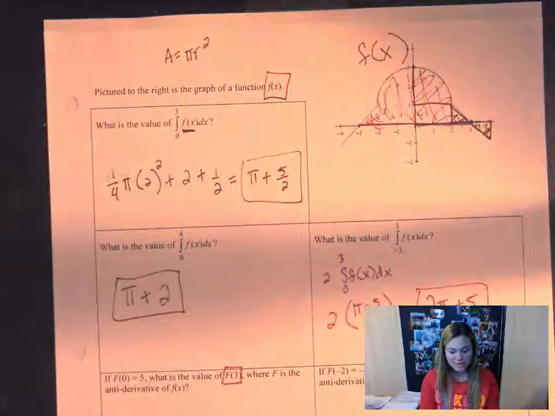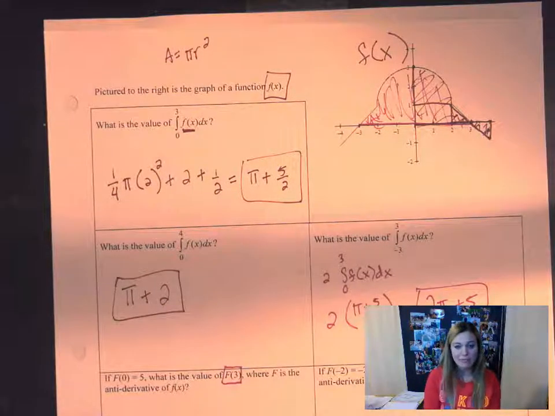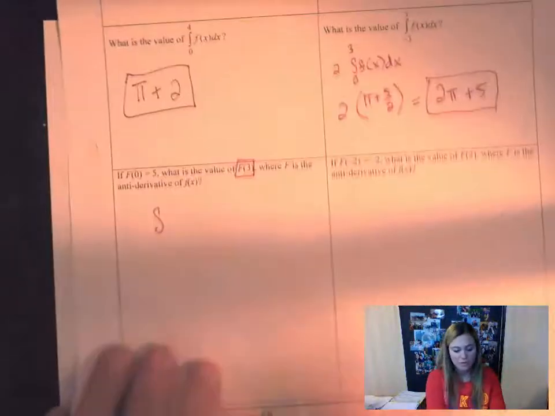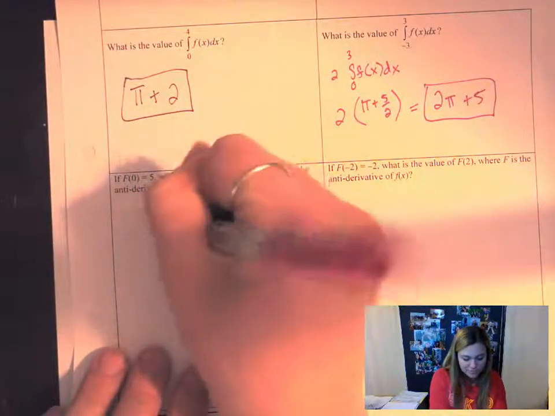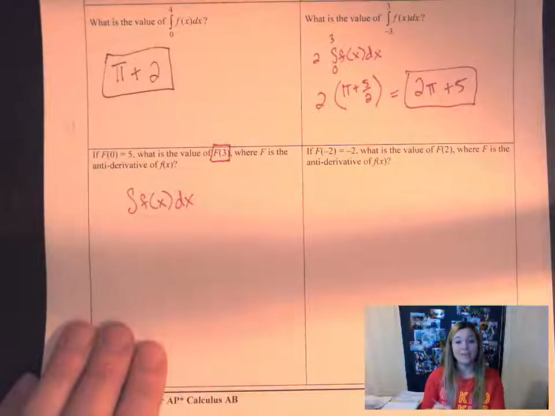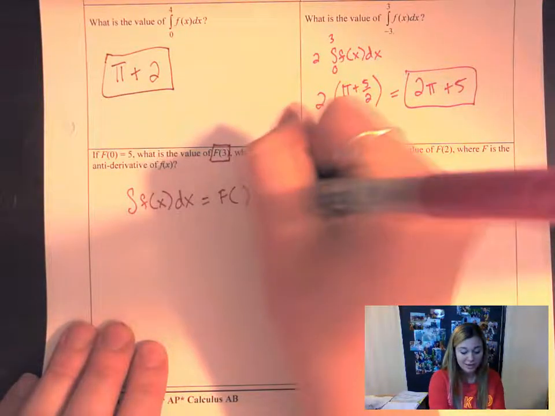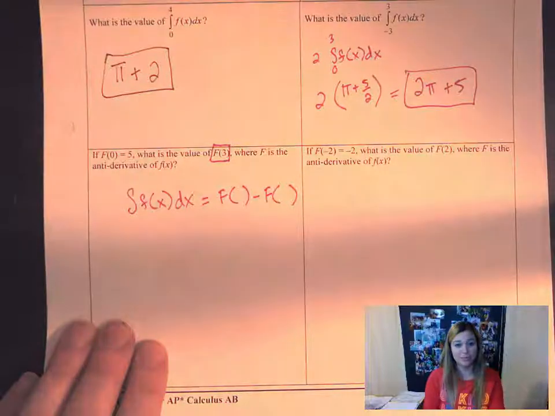As soon as I know I need to get back to capital F of x and I don't have a graph, you should be thinking, I'm writing some stuff with the antiderivative, because I know I need to get back there. The Fundamental Theorem of Calculus says that if I take an antiderivative, I can do F of b minus F of a. So that at least gets me in the right realm.